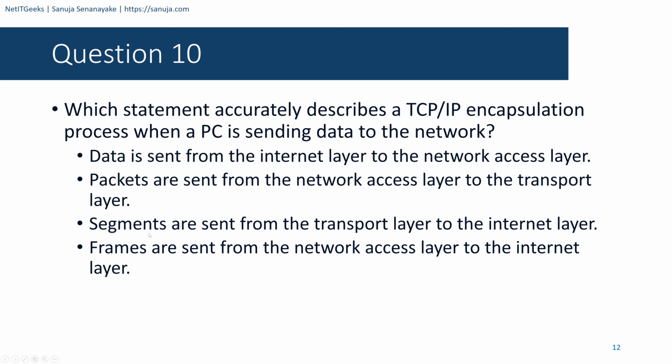Oh, when the data is traveling from the PC to the network, the transport layer sends segments to the internet layer. That sounds correct. And the last one says frames are sent, and that can be right. So it must be that segments are sent from the transport layer to the internet layer, because that's the TCP/IP model operation.